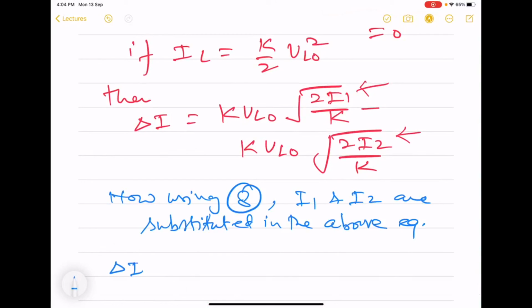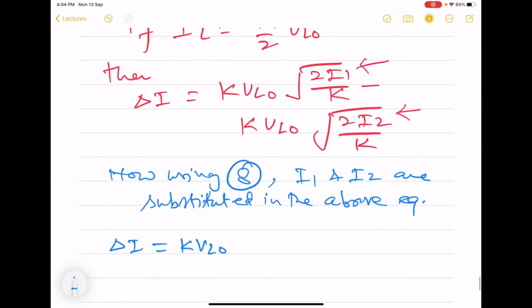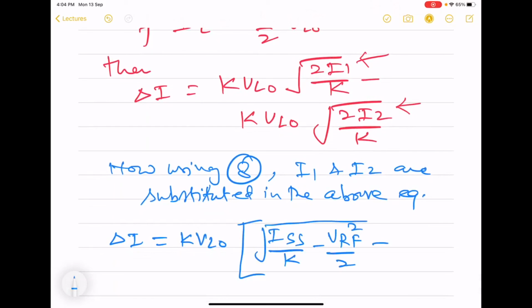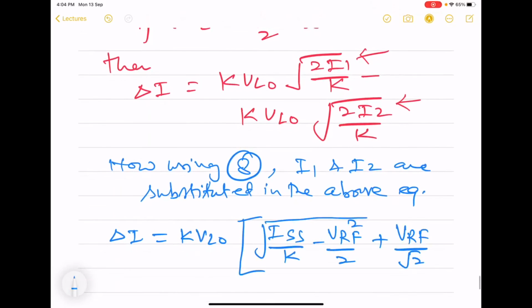So we will now get delta I is equal to K VLO into, we now substitute 2 I1 by K from equation 8, and this will become the square root of ISS by K minus VRF square by 2, plus VRF by square root 2, whole square.